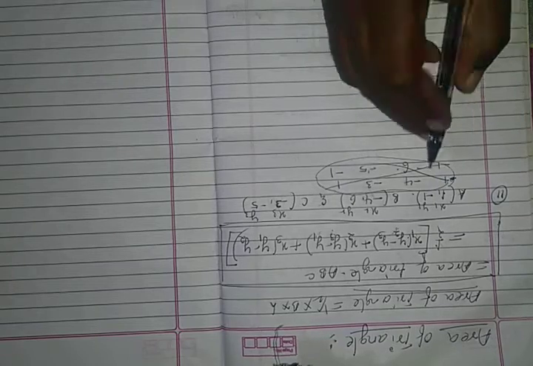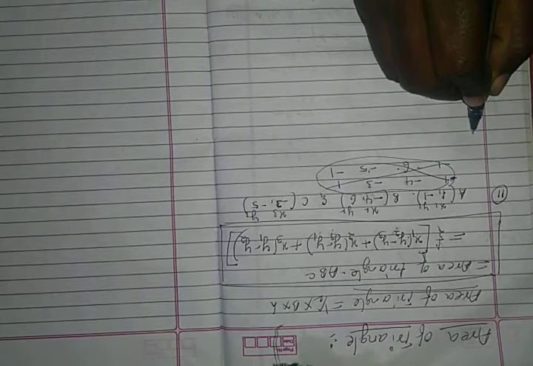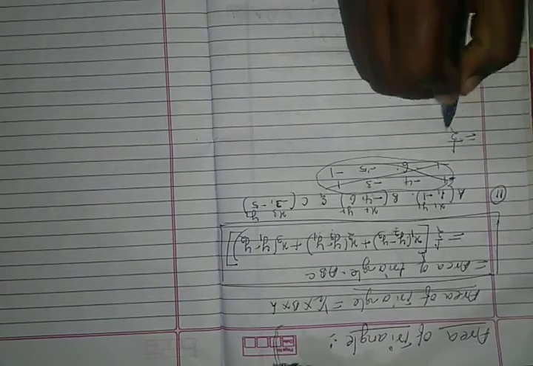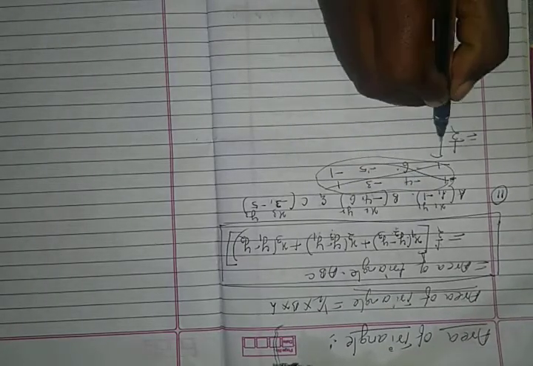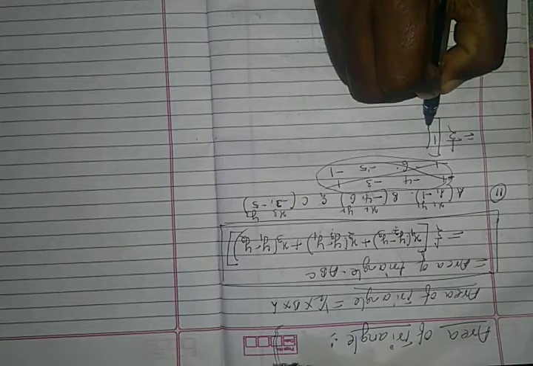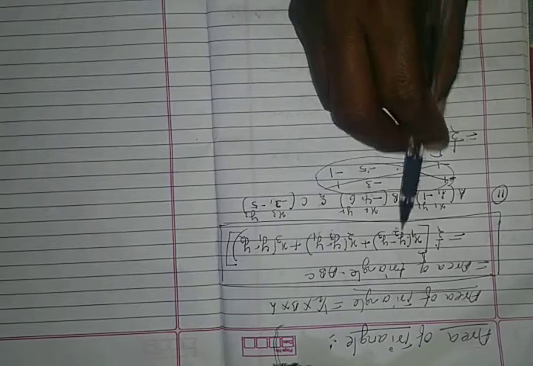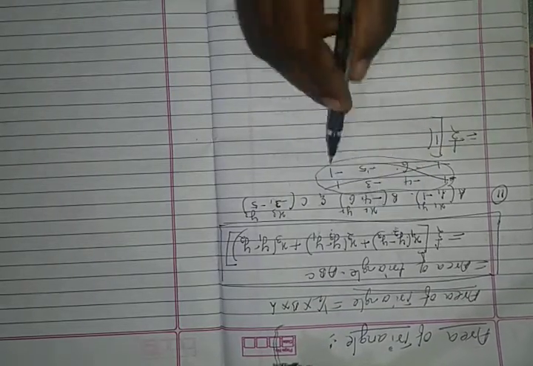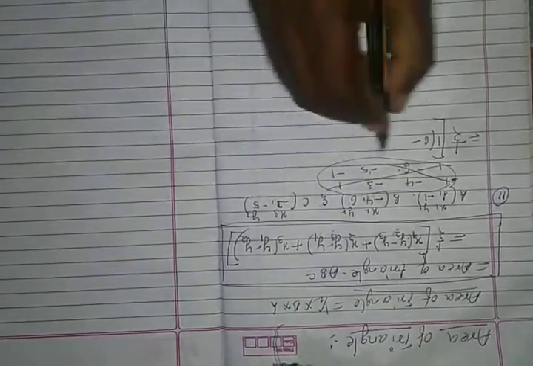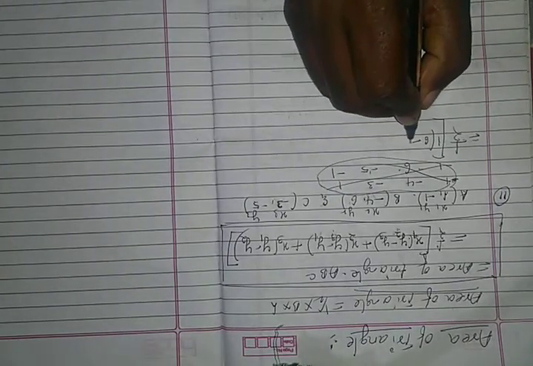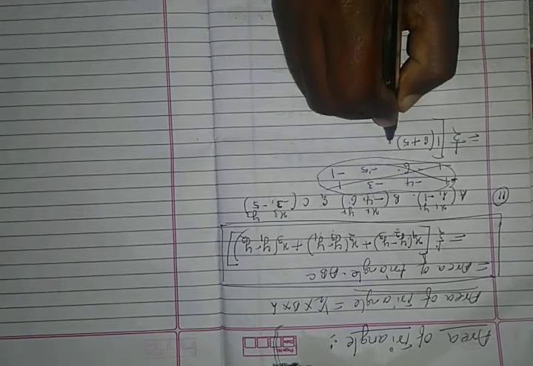So area of triangle is equal to half into x1. Here x1 is 1 into y2 minus y3. What is y2? It is 6, minus y3 which is minus 5. So minus into minus 5 is plus 5.